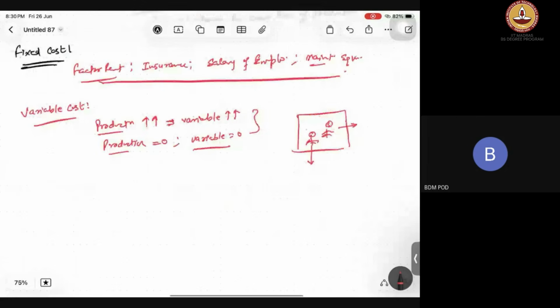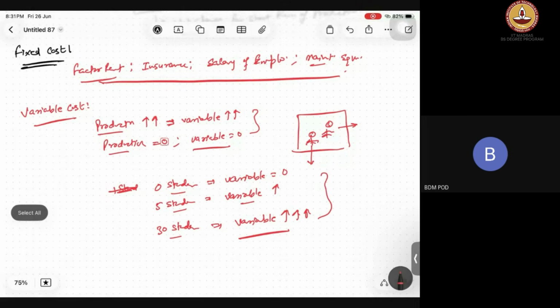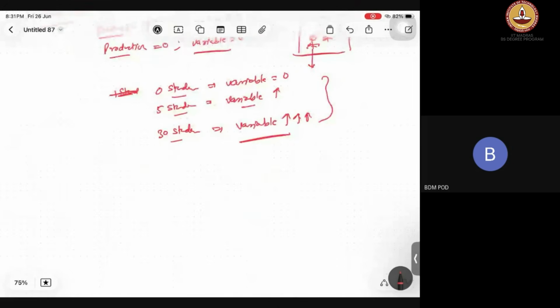So what is happening here? With 0 students, variable cost is equal to 0. If 5 students, variable cost increases. If 30 students, you need to switch on the AC and the variable cost is increased too much, right? So you are able to visualize now what you mean by the variable cost.